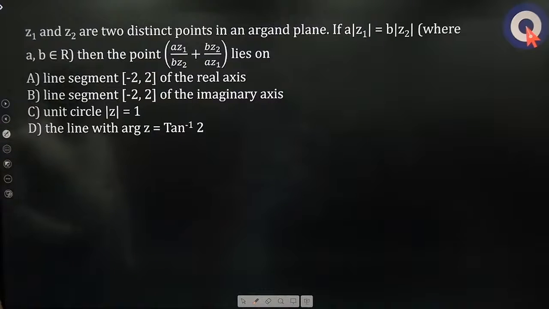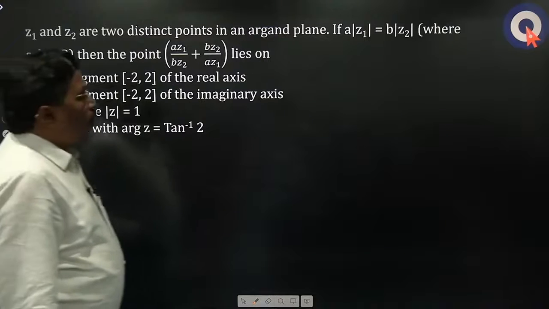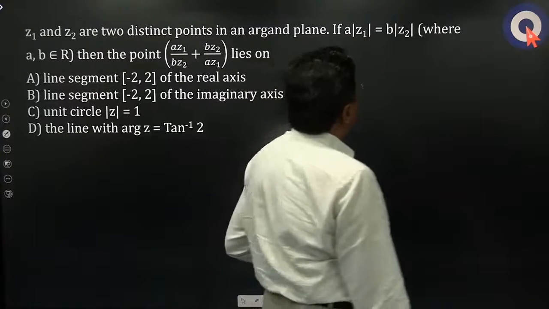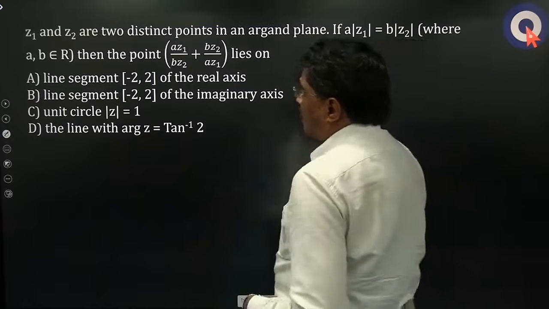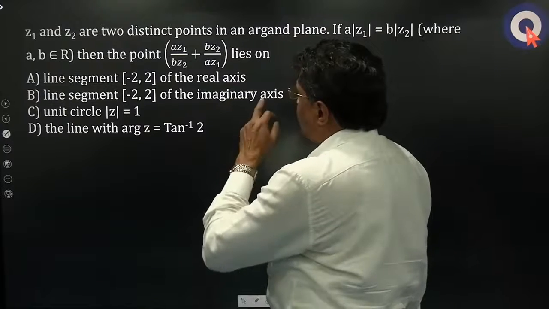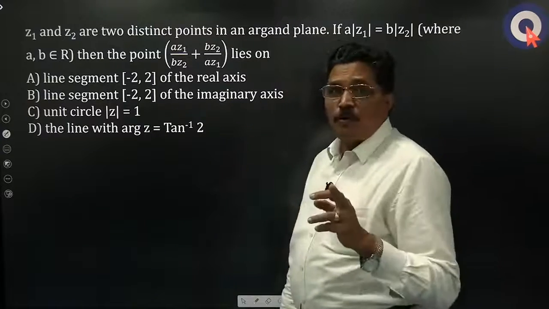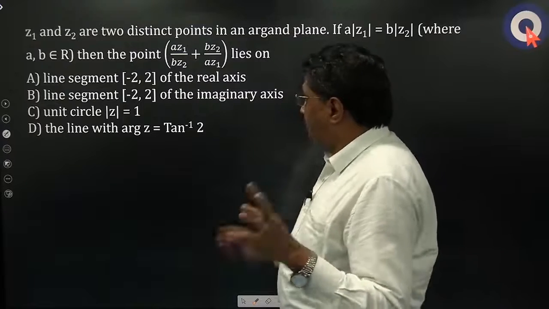Alright, Z1 and Z2 are two distinct points in an Argand plane. If A into mod Z1 is equal to B into mod Z2, where A, B belong to R, then the point AZ1 by BZ2 plus BZ2 by AZ1 lies where?